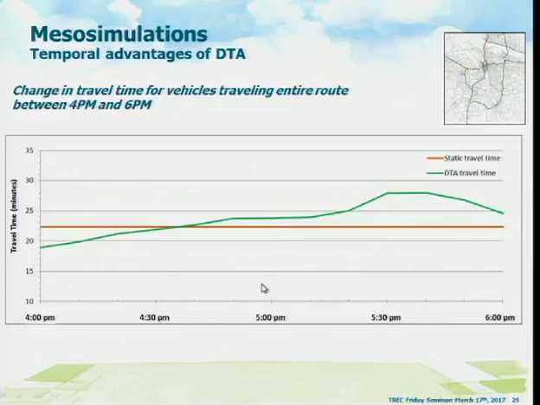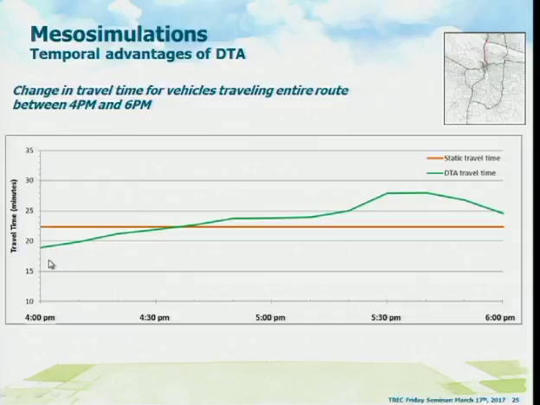So that's useful. Now, kind of an inverse of that is travel time. So this is a corridor. This is the I-5 corridor from I-84 up to basically northbound across the I-5 bridge to SR-14 in Vancouver. Again, a single static travel time from 4 p.m. to 6 p.m. of roughly 23 minutes in this corridor.